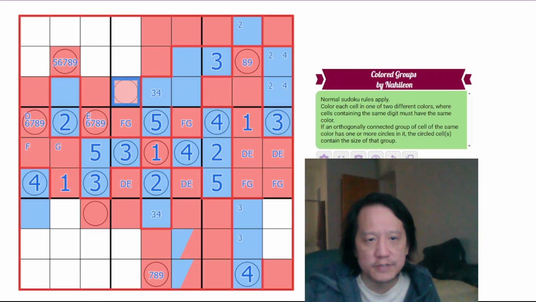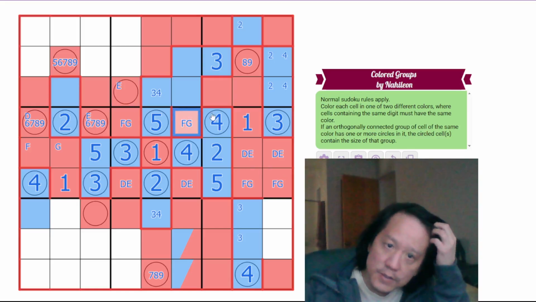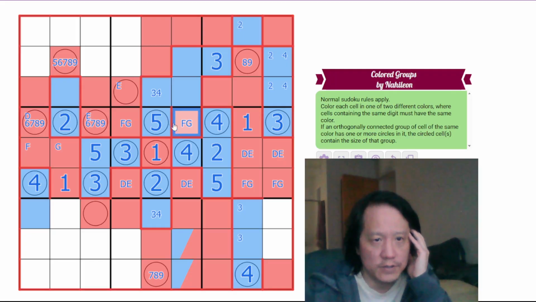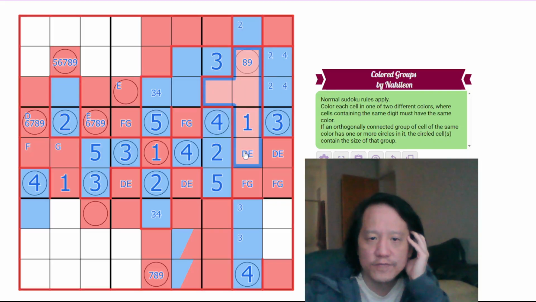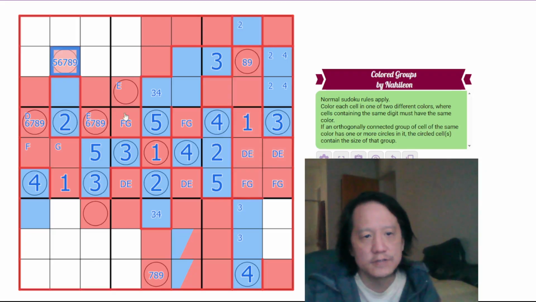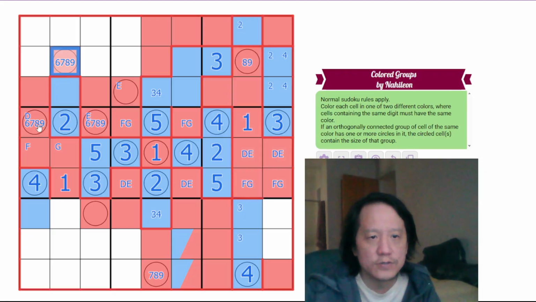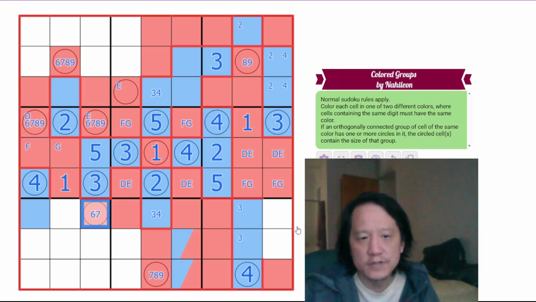This is the same as E, so this is E also. We have 1, 2, 3, 4, 5, 6, 7, 8. This can't be 5. So this is 6, 7, 8, and 9 also.